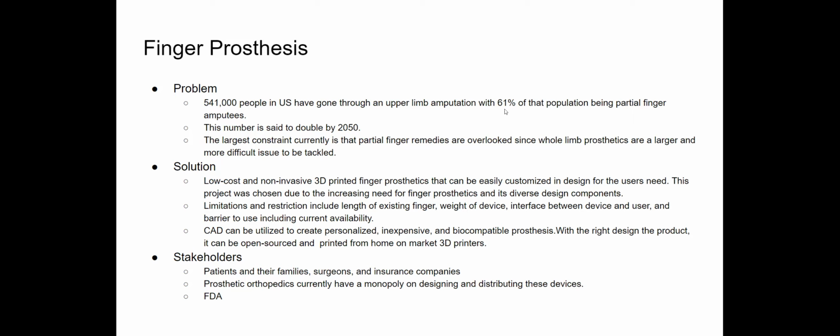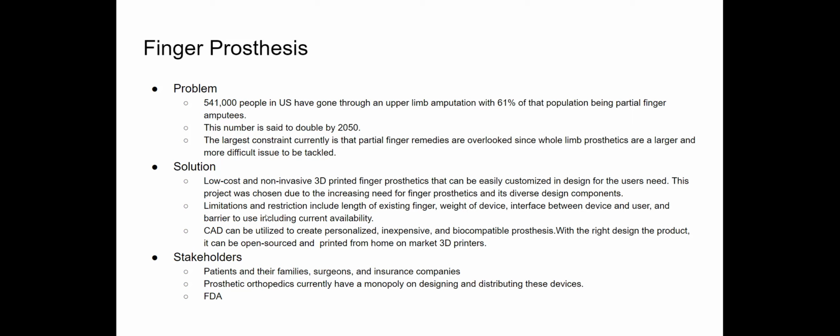You can see that it's a pretty common thing to happen, and it's only going to get worse as the population continues to grow. And usually prosthetics are expensive and pretty big, so it's not as feasible to have as an everyday thing.